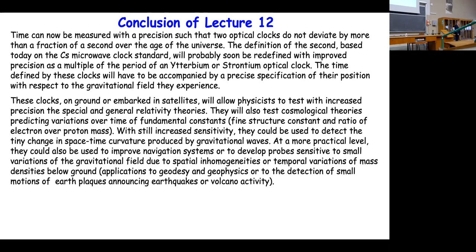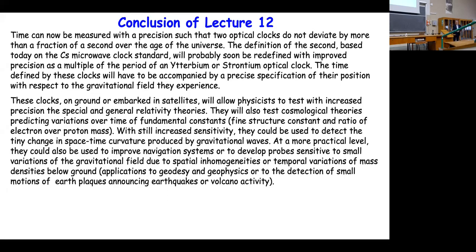You can also think of observatories in which you would put 2 or 3 clocks at different points and be able to see, by the different times they indicate, whether there are very small motions inside the Earth, which are precursors of earthquakes or volcano eruptions. So it might be possible to use these clocks as very sensitive probes of changes of gravitational fields.